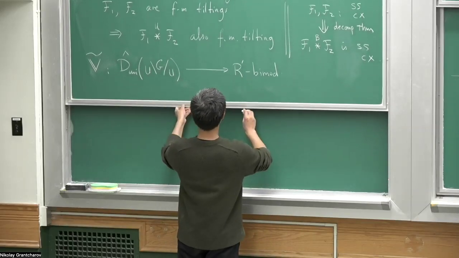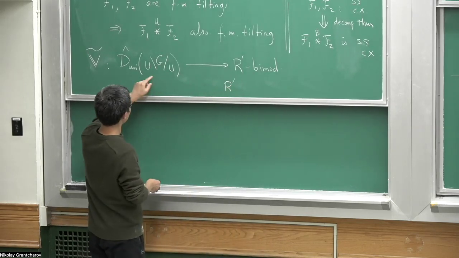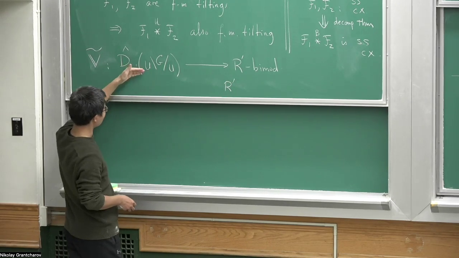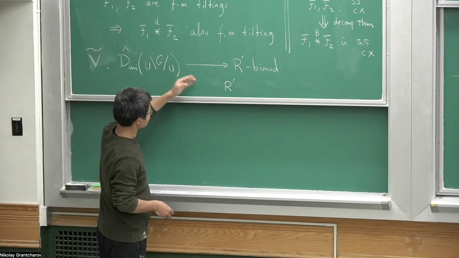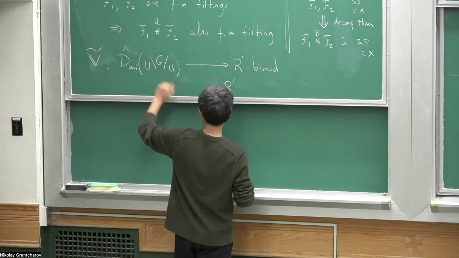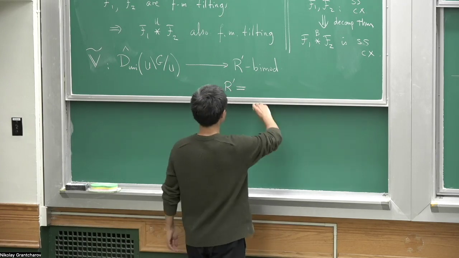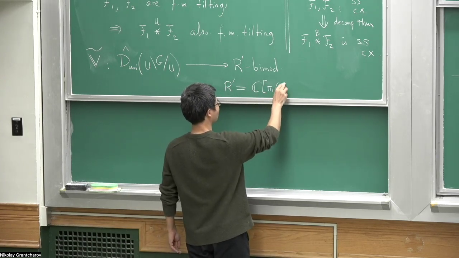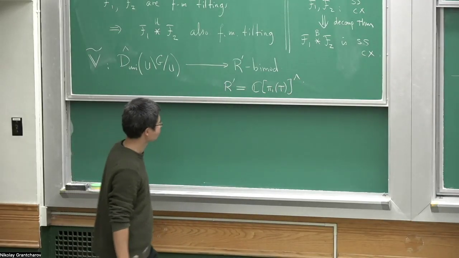So what is R prime? We mentioned that this category carries tautological endomorphisms given by the logarithm of monodromy from the left, and now also from the right. So each copy of the monodromy action is exactly this ring completed at the augmentation ideal.